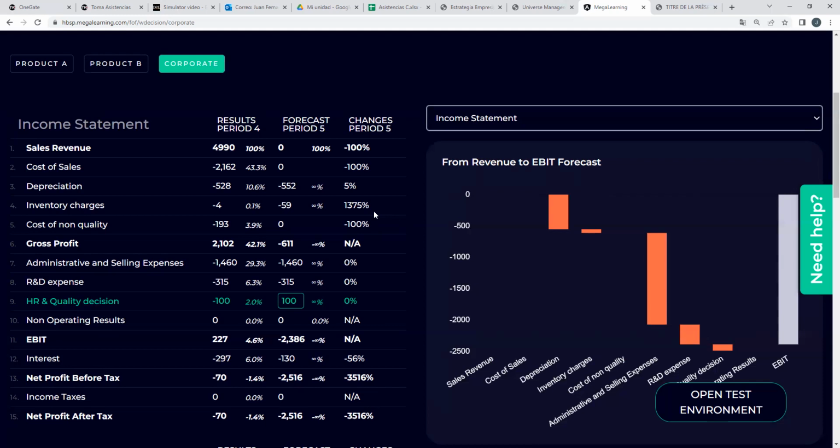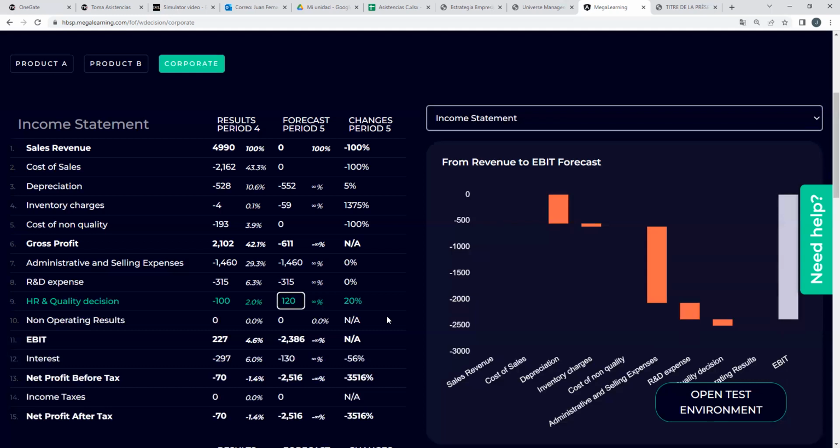But probably you guys decide, let's invest a little more in human resources and quality. Let's have a 20% increase. So when I type there $120, the simulator is calculating me automatically that when you move from 100 to 120, this is a 20% increase.